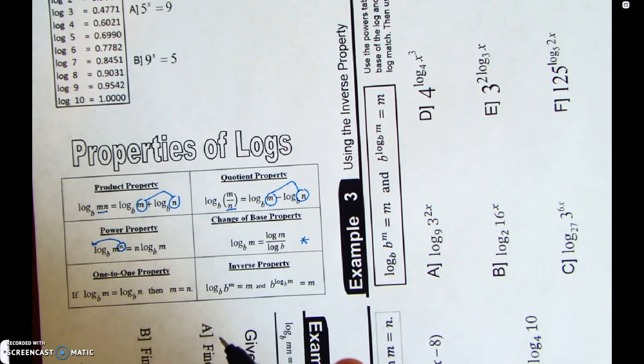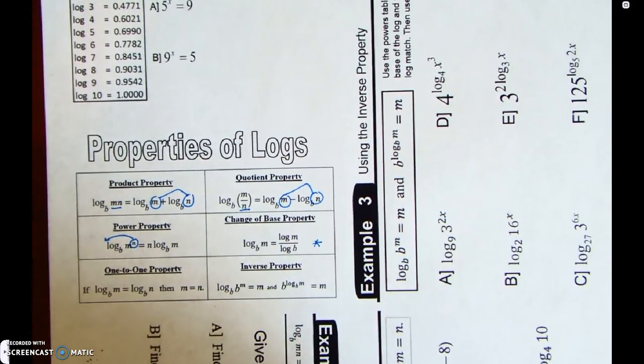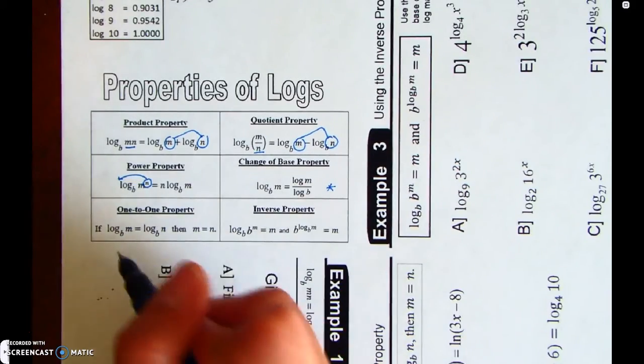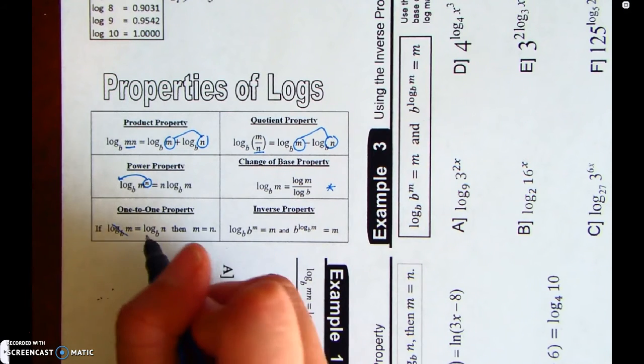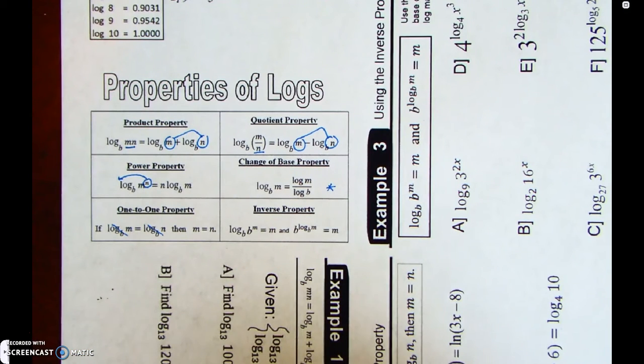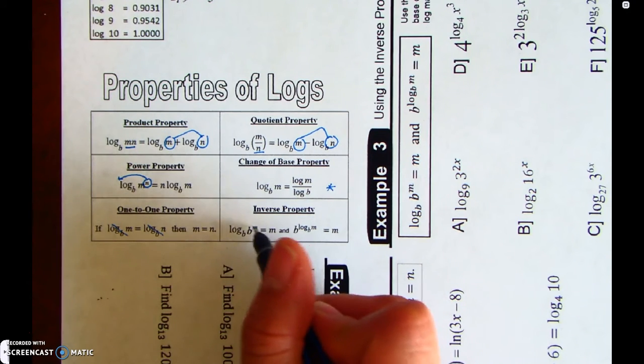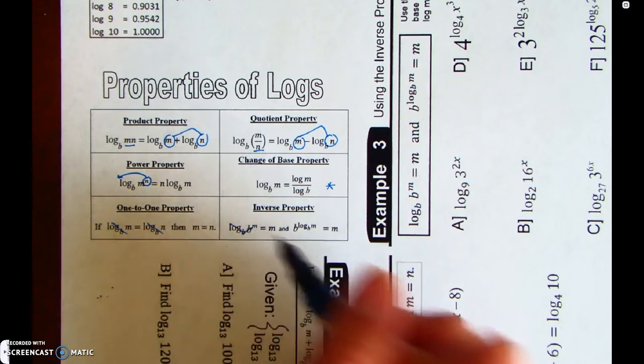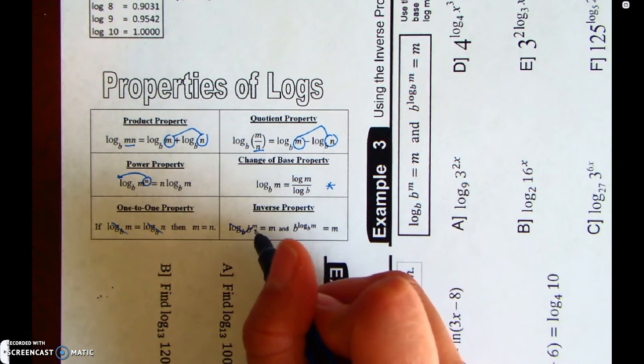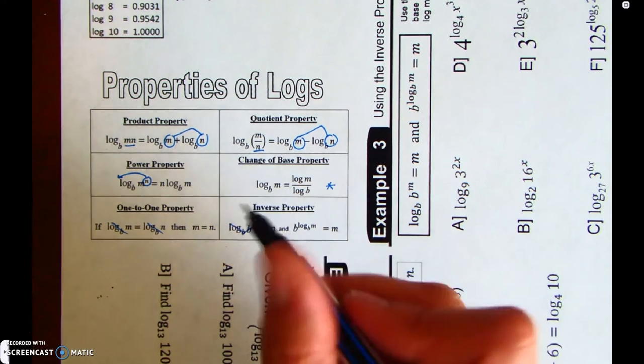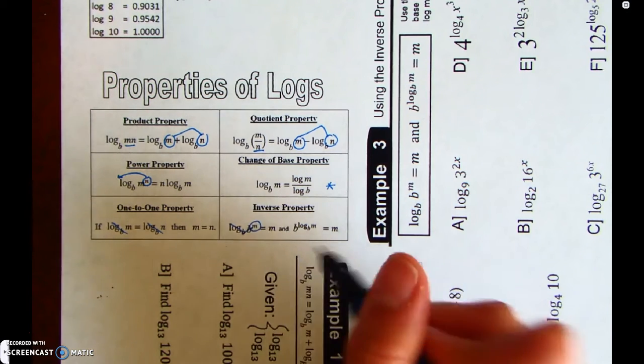One-to-one, that's pretty easy. We started learning about that last week. Remember, if the bases are the same, then they cancel, and you're just left with m is equal to n, which makes our life easy. If you have an exponent, remember you have log base b, so that just leaves the exponent, and in this case the exponent is m.